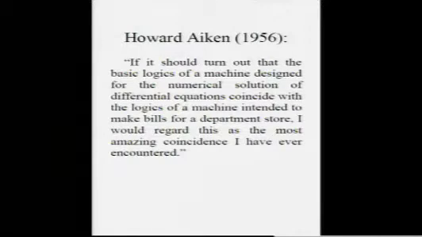Another example that indicates the shift in the way people were thinking about computation is the issue of whether to use binary or decimal arithmetic in the design of a computer.